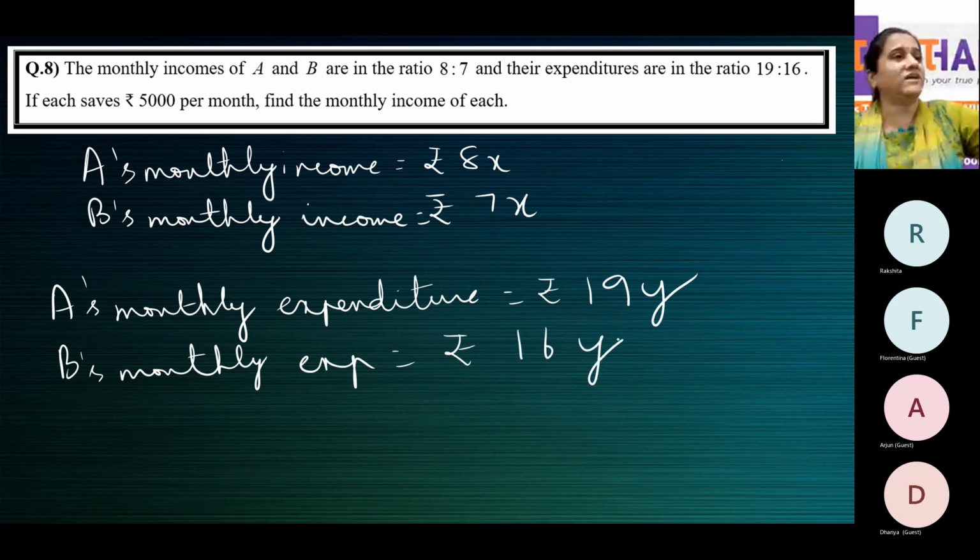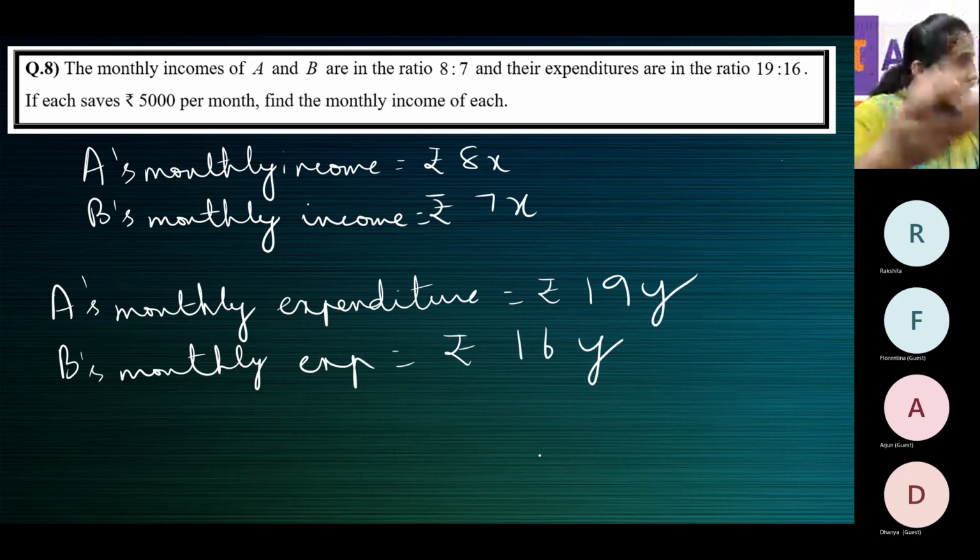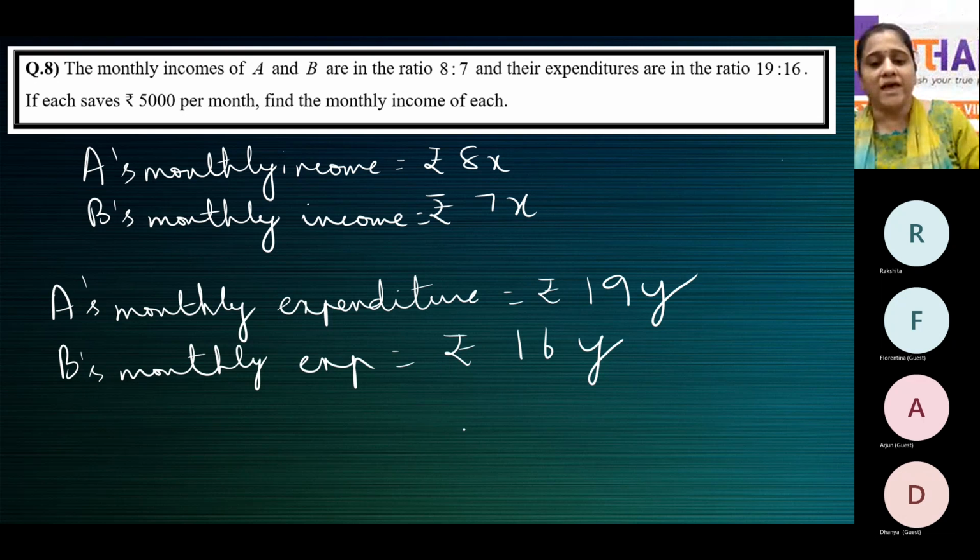What is the equation he said? Income minus expenditure is equal to savings. A's income minus A's expenditure is A's savings. B's income minus B's expenditure is B's savings. Don't mix up. So what is A's income? 8x.